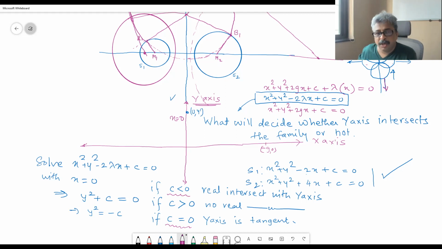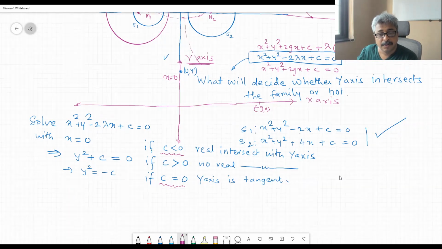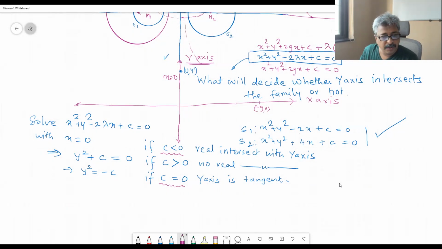Now, if c is greater than 0, therefore no intersect with the y-axis, and hence we should get a real point circle.